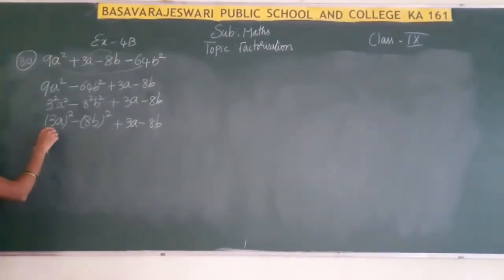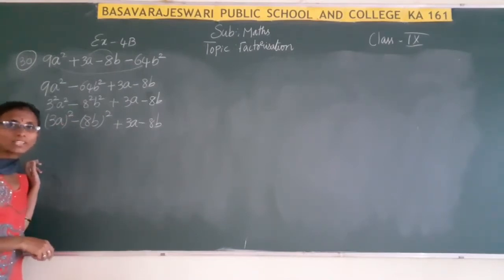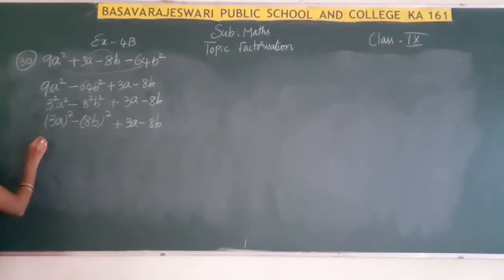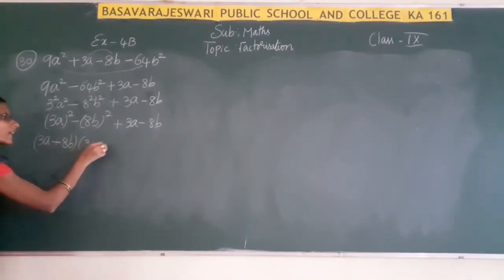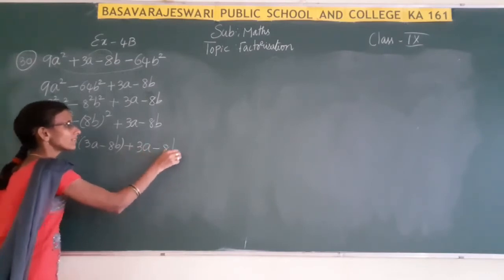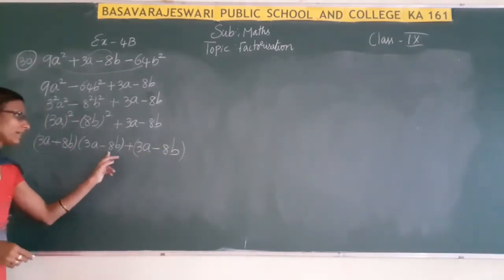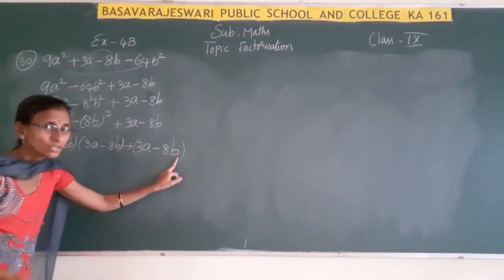Now you see a square minus b square. The expansion is (a plus b) into (a minus b). So what do we get? (3a plus 8b) into (3a minus 8b) plus this will be the same, 3a minus 8b. So now 3a minus 8b, 3a minus 8b is common.